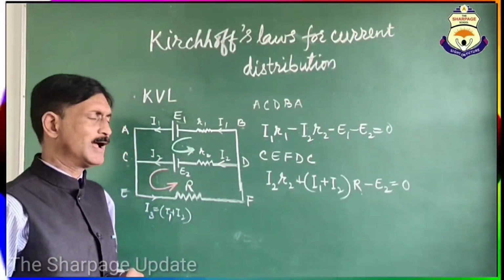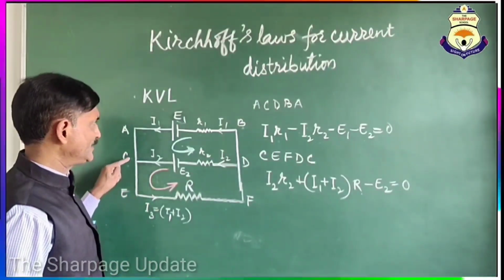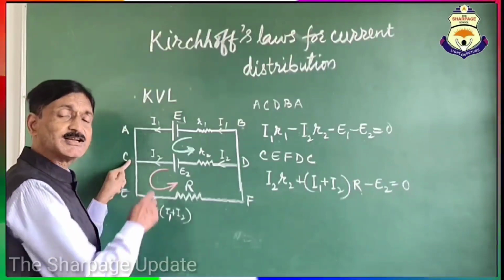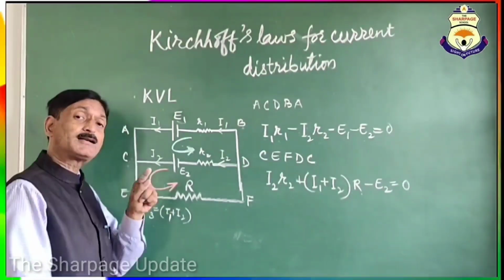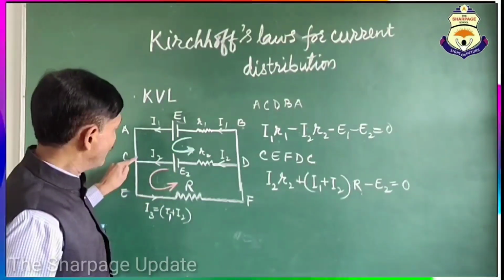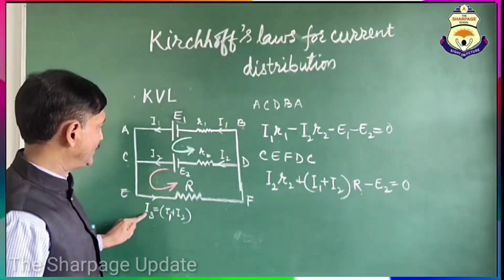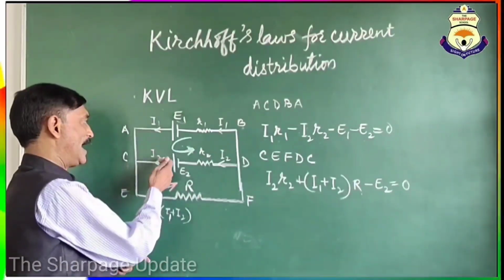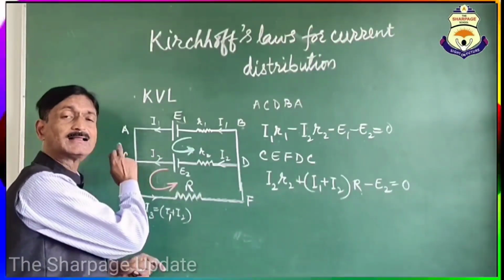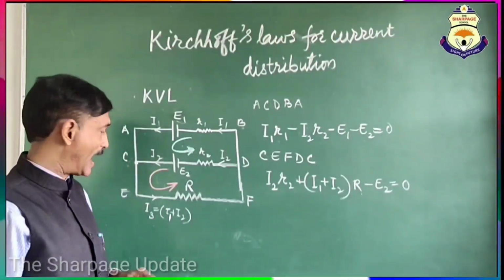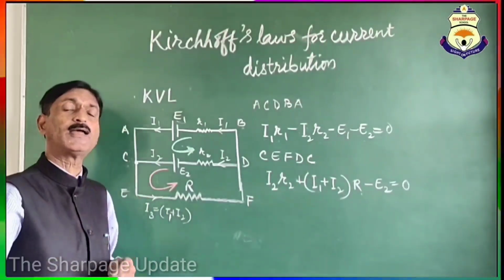And now here you can see that at the junction C, by Kirchhoff's first law, Kirchhoff's current law, the value of current I3 equals I1 plus I2, because I1 and I2 are the incoming currents at junction C and I3 is the outgoing current.